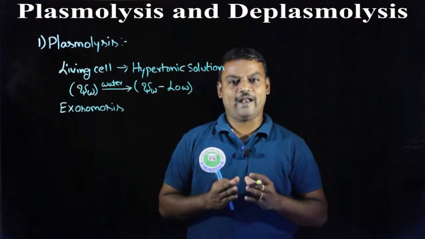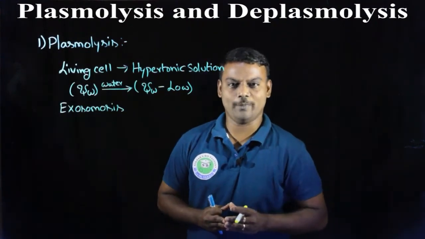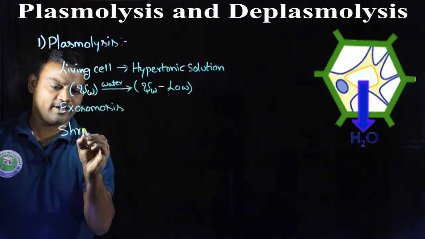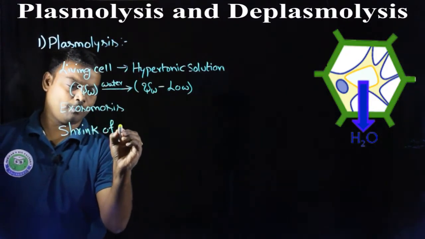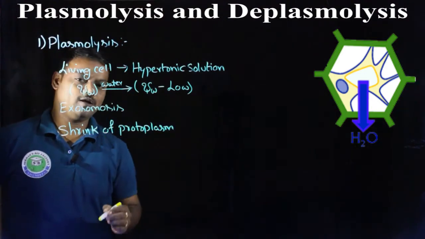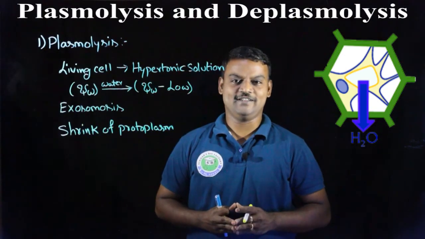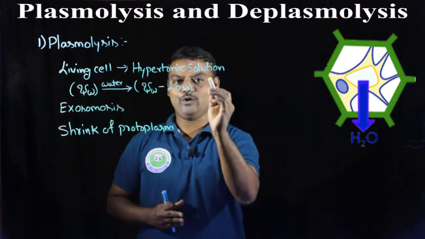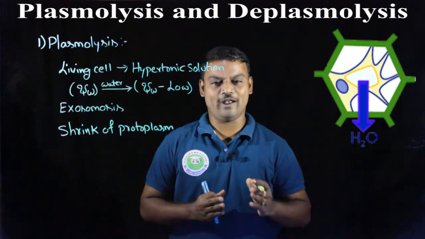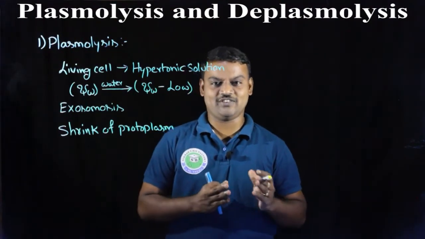At this time, the volume of protoplasm gradually decreases. This is the phenomenon called shrinkage, that is, shrinking of the protoplasm. The shrinking of protoplasm is referred to as plasmolysis. So by keeping a living cell in hypertonic solution, the protoplasm shrinks. This is called plasmolysis, and it takes place in three stages.